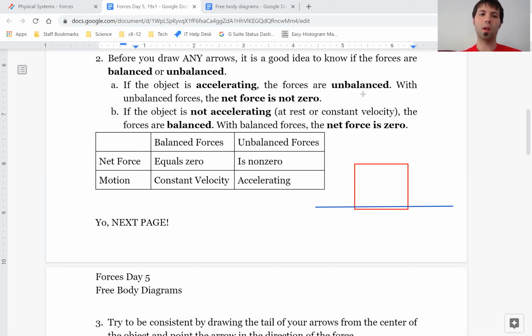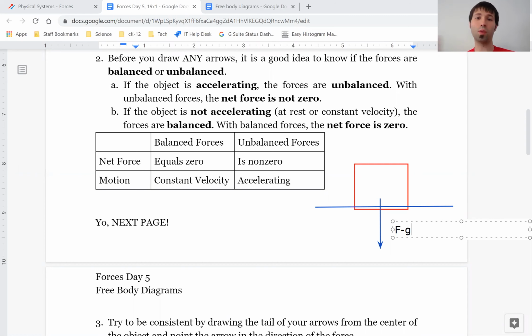One of the tips I'm going to give you later is that every time I have an object on the earth, which I think all these situations are, we always have this force of gravity. So that blue arrow there represents gravity. For that, I'm just going to call that F, F sub G. That's the force of gravity, okay?